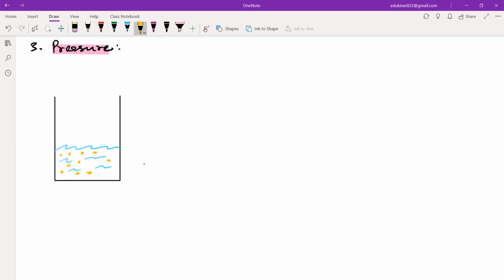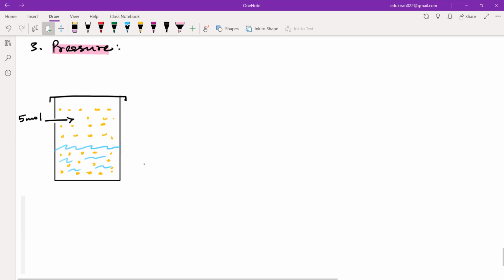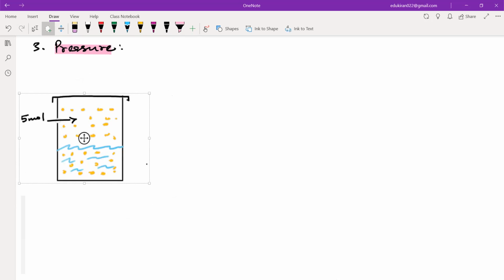If I have gas particles like this, where are these gas particles coming from? They are coming from a small inlet. I have created a hole here, and then I am inserting the gas molecules here. Let us suppose that I added 5 more, so there will be gas particles in this phase also, right? And I have covered this thing, and I have covered this thing. Now similar is the case, I have one more case here.